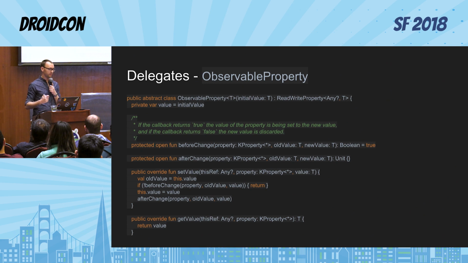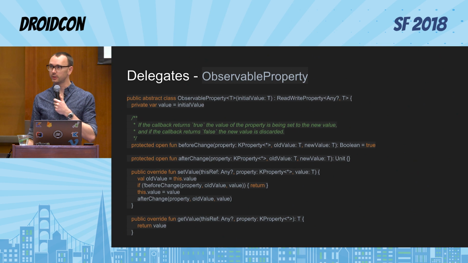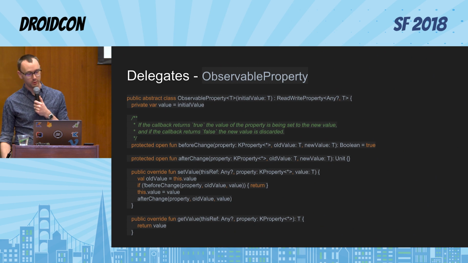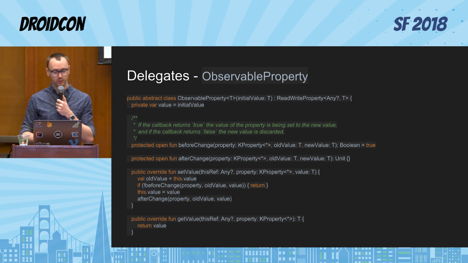And then after the value's changed, it calls this after change method. This might look familiar, like the built-in delegates that we get from the standard library, and this is exactly what they actually use. So Observable uses this exact thing out of the box. So if you want to adjust it a little bit, you can extend this abstract class and do your own thing.